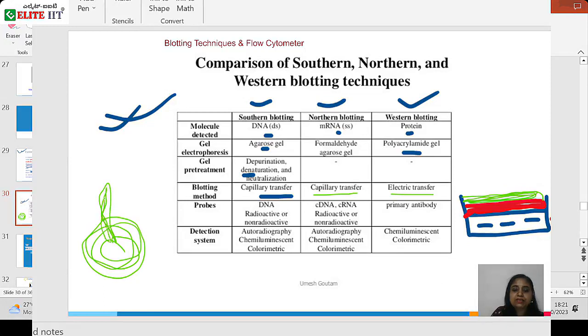Whenever this light is on, what is happening? This oil is transferred to the cotton. This process is known as capillary action. Capillary means this type of path is there. If one is going, simultaneously another is also going, one by one it is transferred.